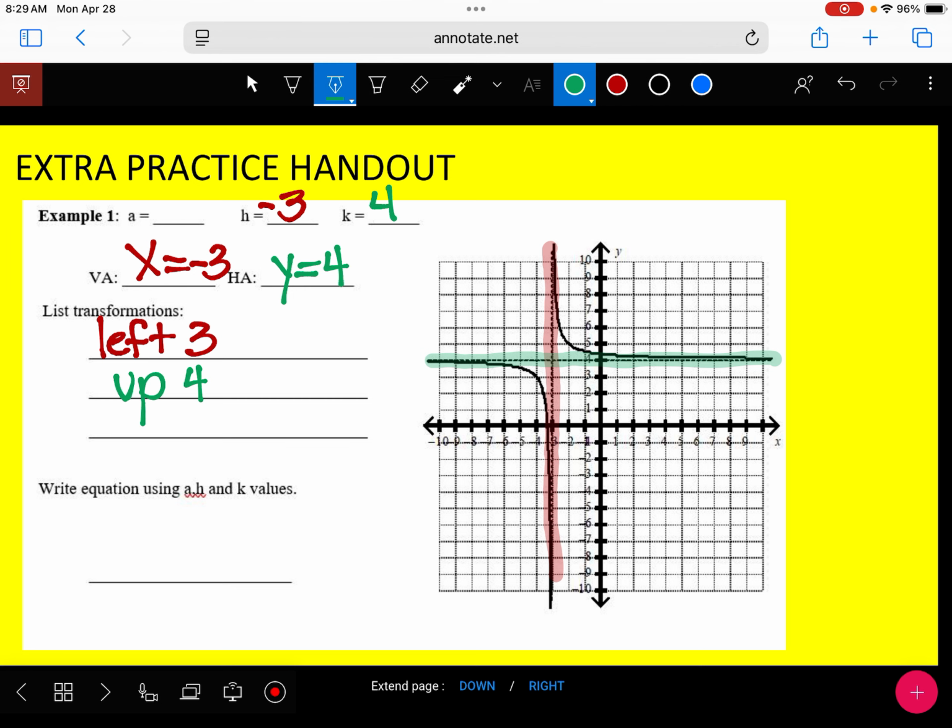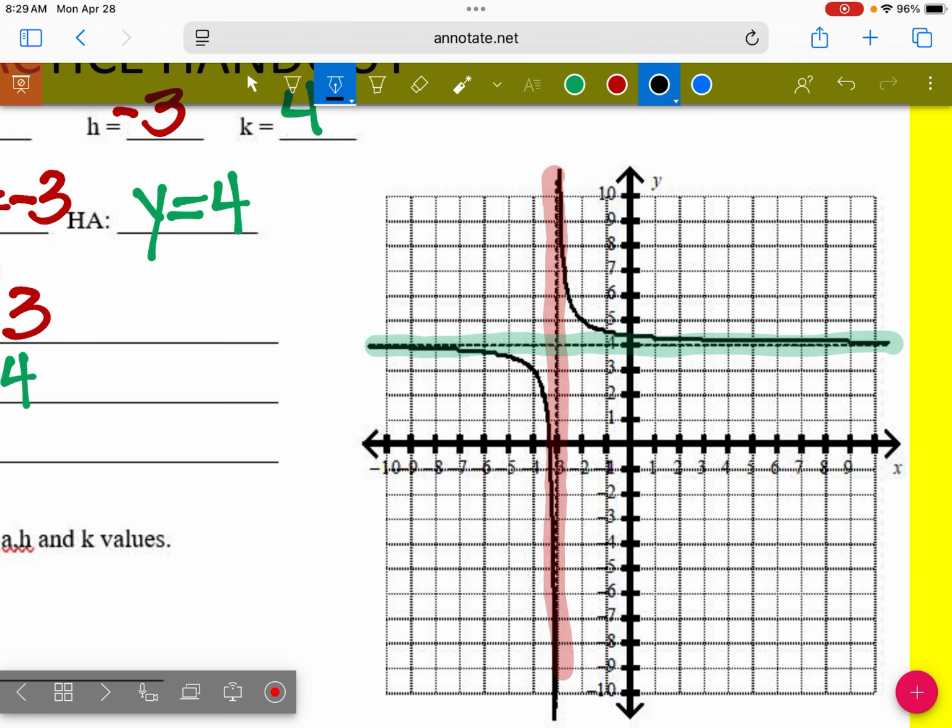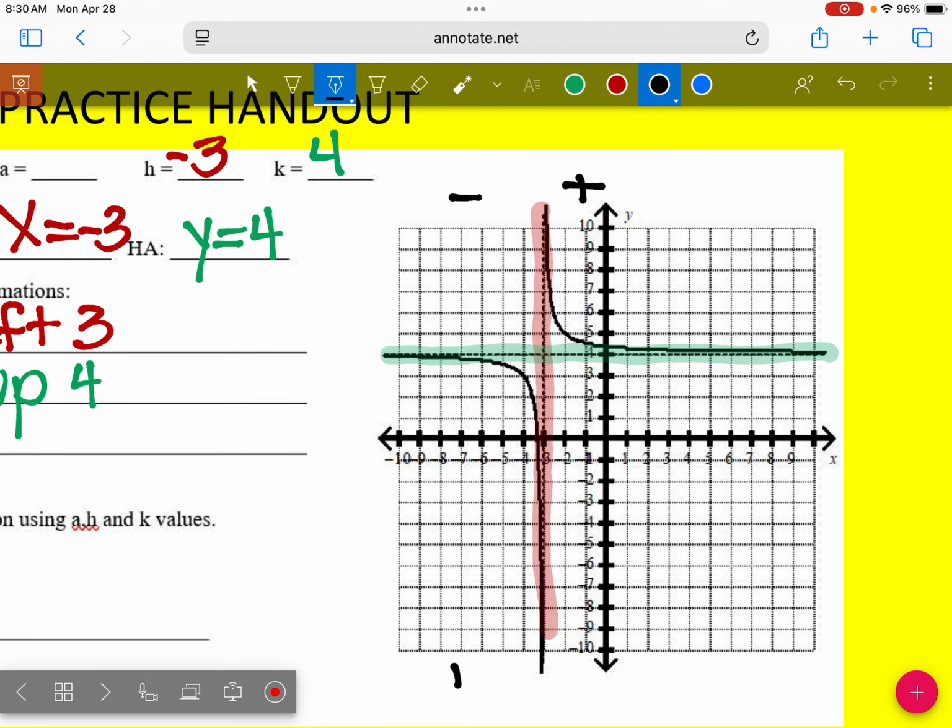Okay, so now keeping in mind what we know, remember this is plus, this is minus, this is plus, this is minus. Where is the graph? Is the graph positive or negative? Who thinks the graph is positive? Who thinks A is positive? Who thinks A is negative? Who's not sure?